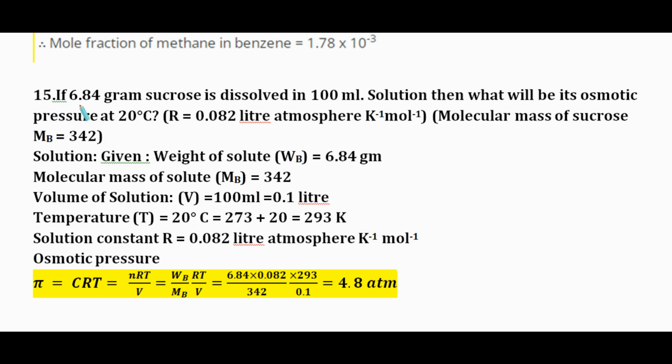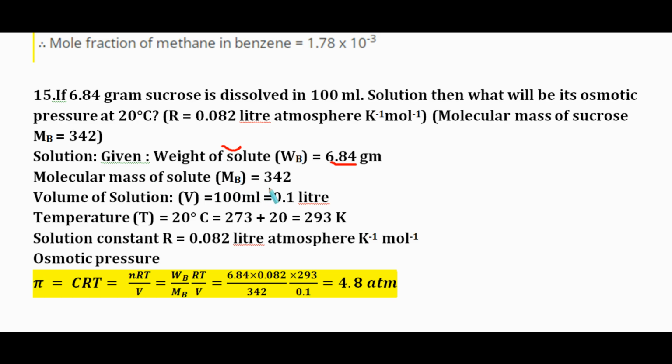Now next question is, if 6.84 grams sucrose is dissolved in 100 ml solution, then what will be its osmotic pressure at 20 degrees Celsius? Here R equal to 0.82 liter atmosphere per Kelvin per mole. Molecular mass of sucrose Mb is equal to 342. Here given weight of solute, that is Wb equal to 6.84 gram.